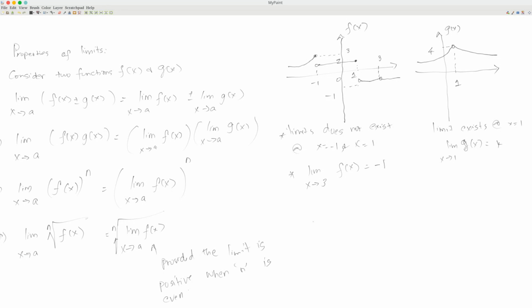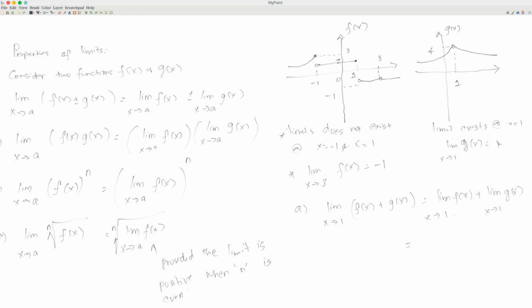So, for instance, suppose we want to find limit x approaches 1 f of x plus g of x, which is the limit of f of x plus the limit of g of x at 1.